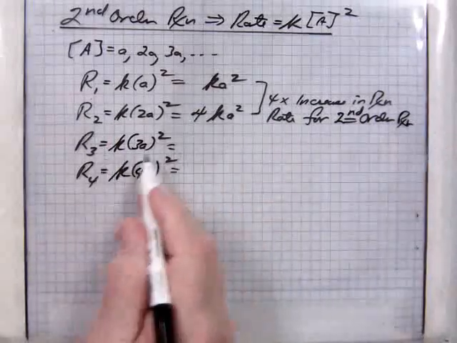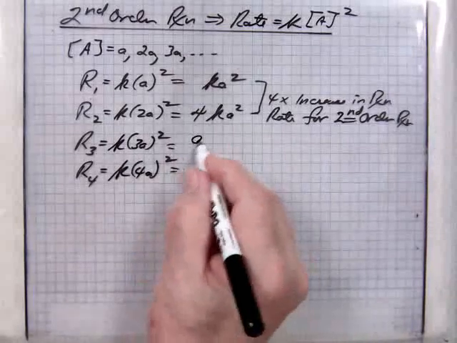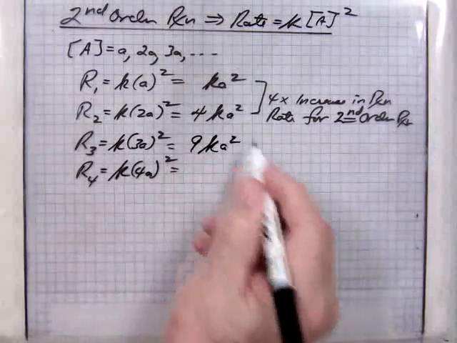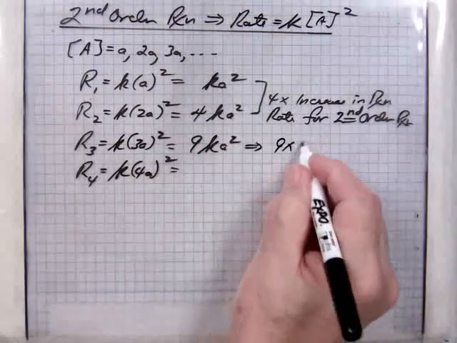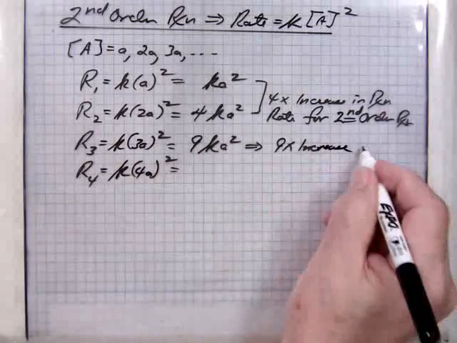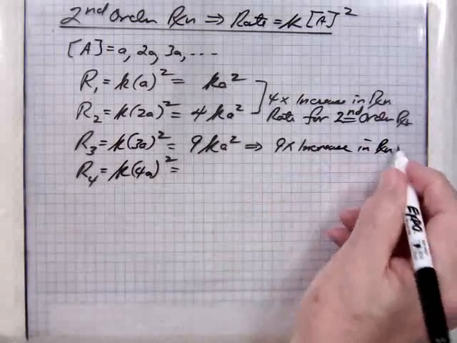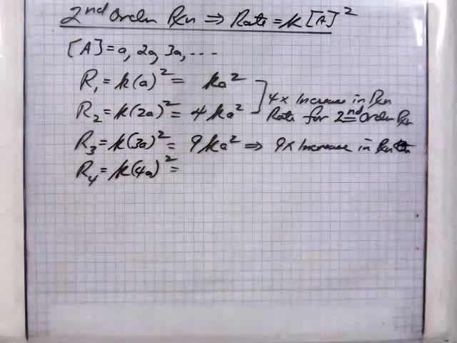And if you go to 3A, 3 times 3 is 9, so we have 9 K A squared, and so this is a 9 times increase in reaction rate. This is the rate on the end down there.